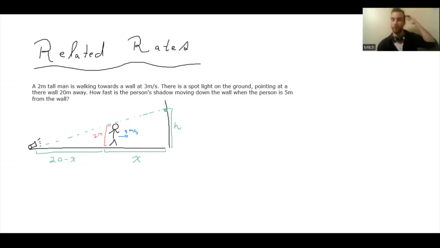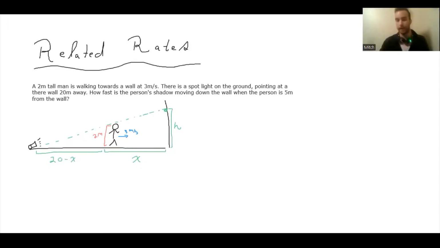So now that we have this visualized, we can think of what equations we're going to use to get these rates that we want. Right here, we're given his height, that's 2 meters.